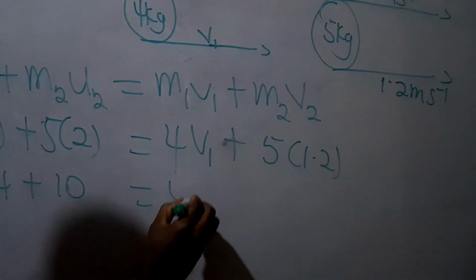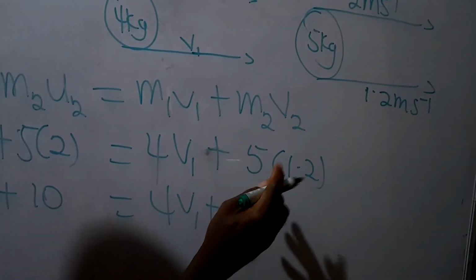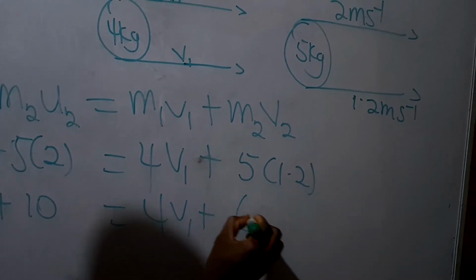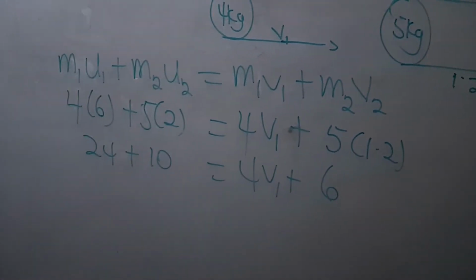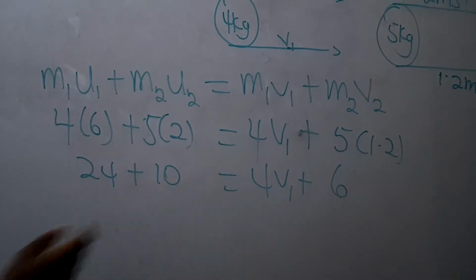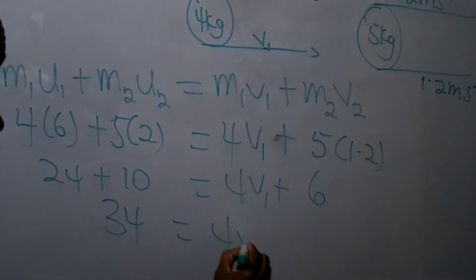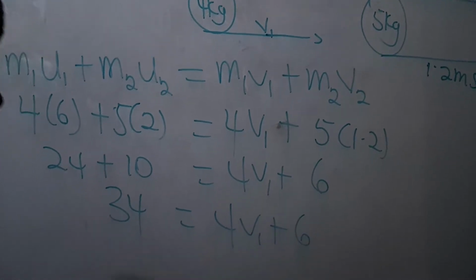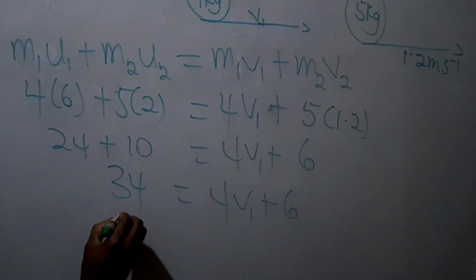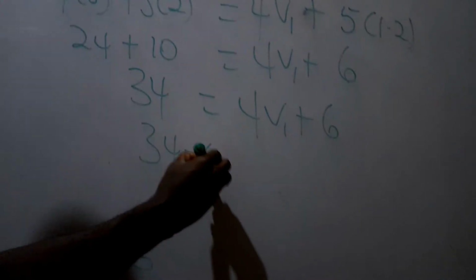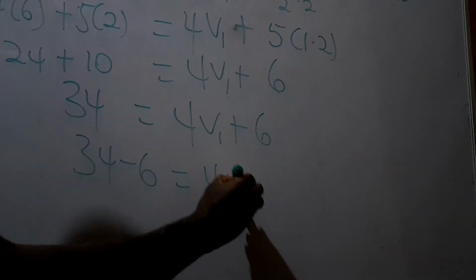And that equals 4v1 plus 5 times 1.2, which is 6. 24 plus 10 will be 34, equal to 4v1 plus 6.